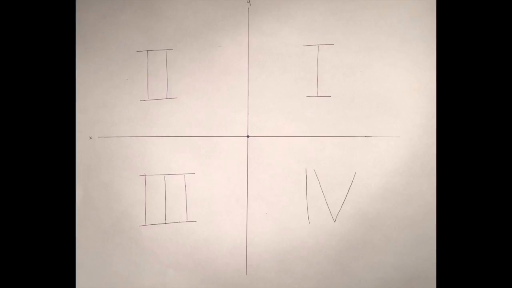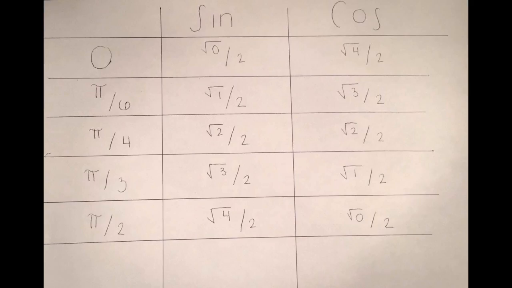And in the second row, it will be the sine, and everything we're going to divide by 2. But in the upper part, it will be the square root of 0, then the square root of 1, then the square root of 2, then the square root of 1, and then the square root of 0.